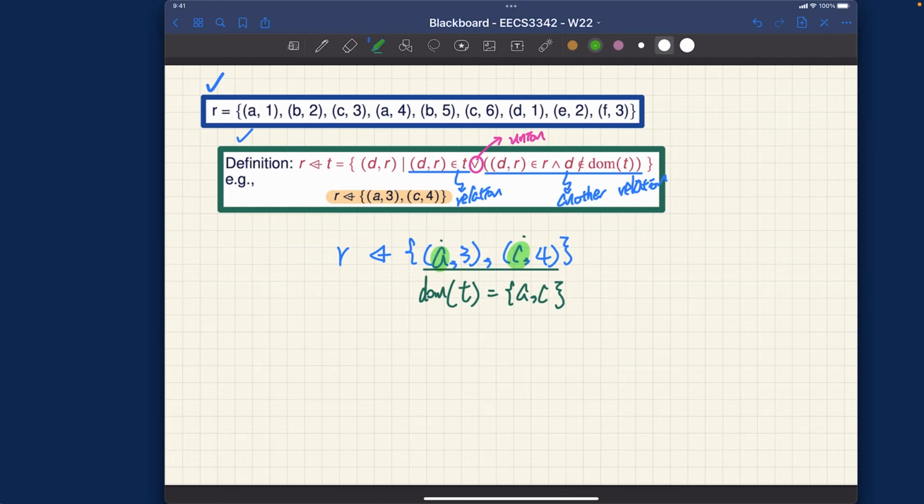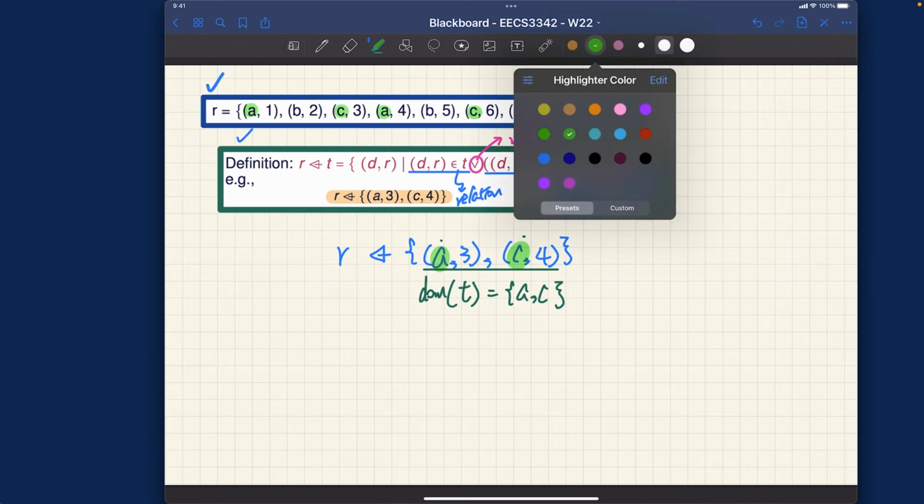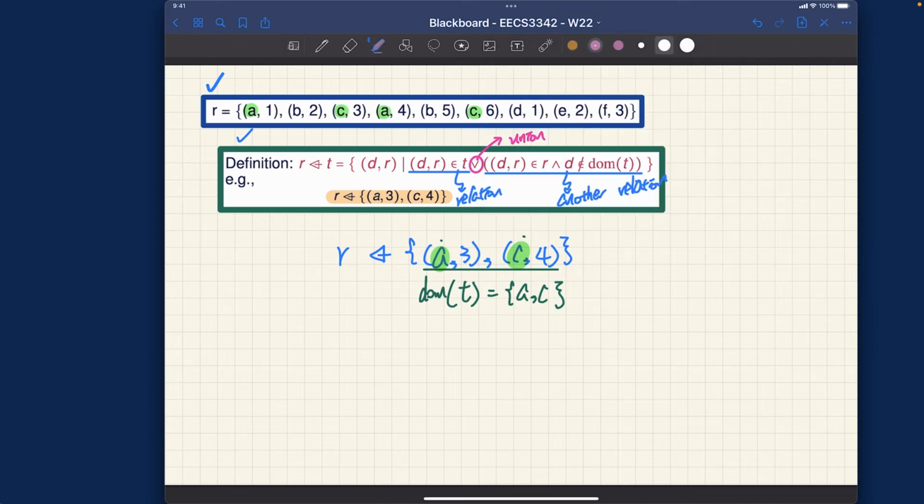And let's see where A and C are located in the domain values of R as well. You can see A here, C here, A here, C here, and I think that's it. Now we are ready, so we can calculate exactly. Let me say the first part I would like to have is this.